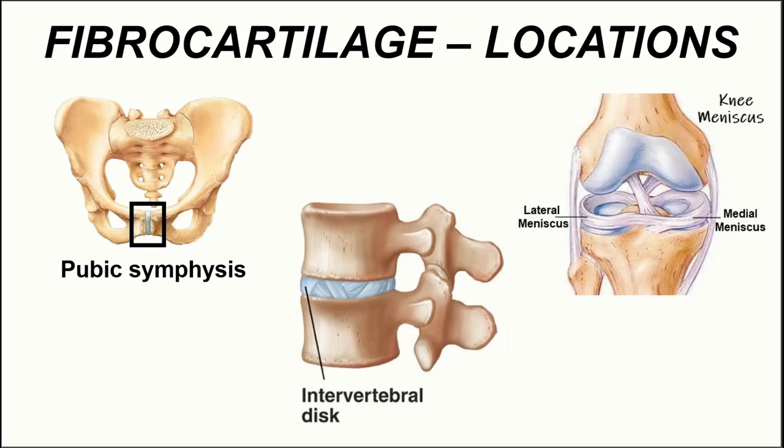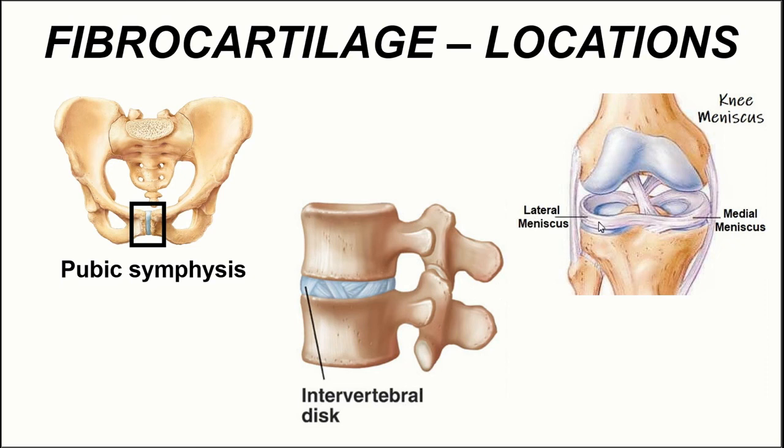To show you where each of those is, the pubic symphysis is a little pad of fibrocartilage that exists between the two pelvic bones. Those two bones are joined anteriorly by the pubic symphysis. It also makes up the majority of the discs that sit between each of our vertebrae, giving our vertebral column a springiness.